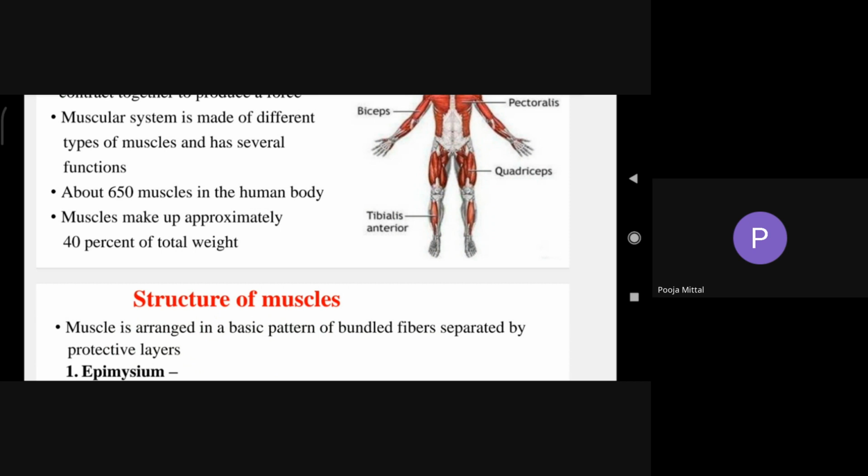So it's a huge amount. If anybody weighs 100 kilos, then 40 kg of that weight is muscle. If the body is fit; otherwise, if fat is more, it may vary, but in general 40% of body weight is made up of muscles.